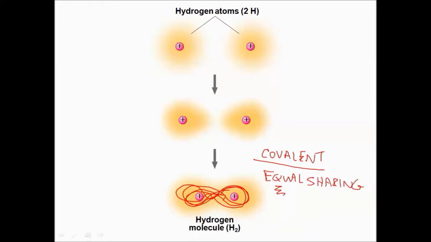What's going on right here is that these two atoms, these two nuclei, are stuck together. Why are they stuck? Because there's a negatively charged cloud over here that's attracted to the positively charged nucleus, and the same thing holds true for this nucleus being attracted to that negatively charged cloud.